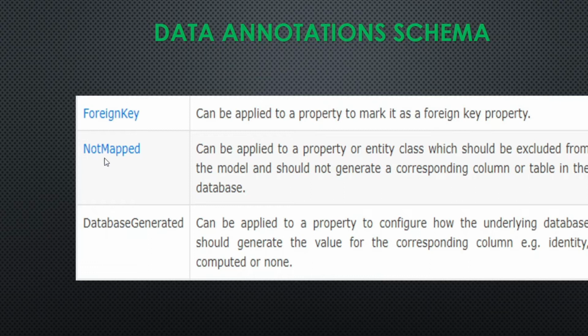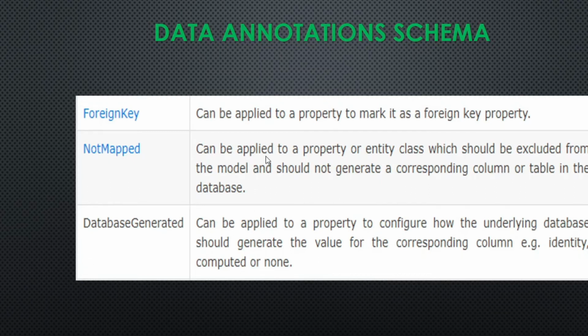And we have a special constraint in Entity Framework called NotMapped. NotMapped can be applied to a property or entity class which should be excluded from the model and should not generate a corresponding column or table in the database.